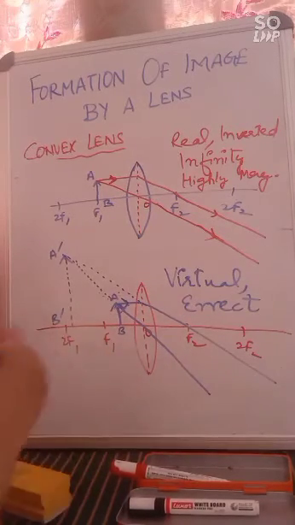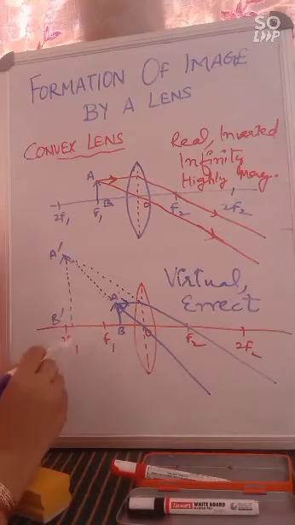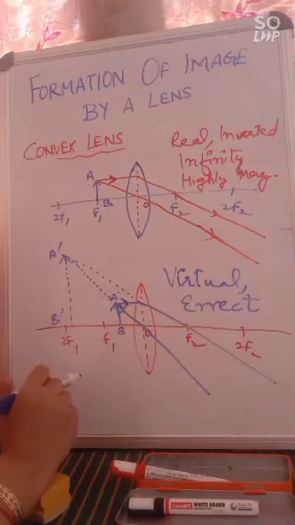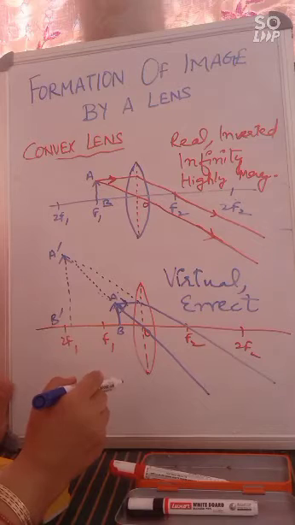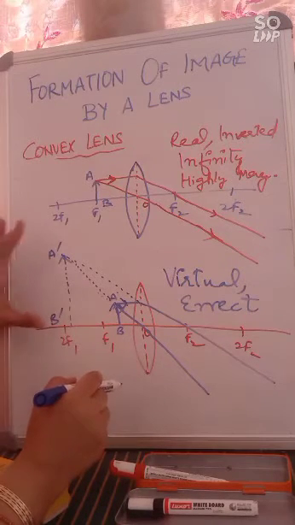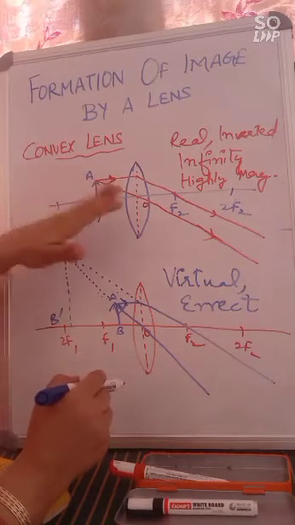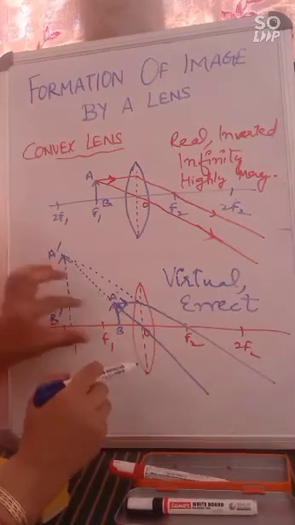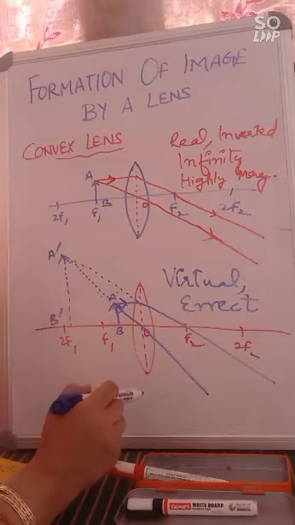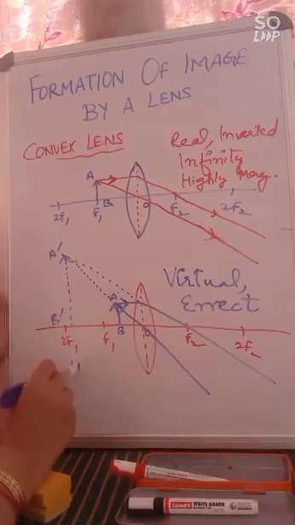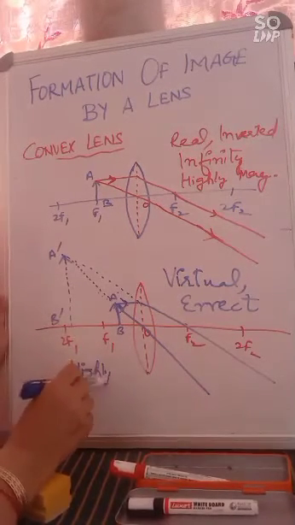It is formed before 2f, or you can say between f and 2f, f1 and 2f1, right? And what about the size of the image? It is highly magnified. If you compare here, this is the object and this is so large, right? So here again you can write down the image is highly magnified.